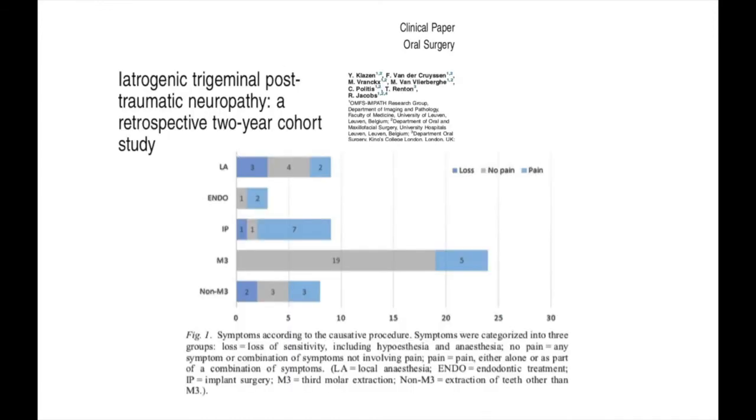This is an interesting retrospective cohort study on traumatic neuropathy of the trigeminal nerve, looking at several procedures. Their data reported loss of sensitivity only with non-third molar impactions, implant placement, and local anesthesia, which so happens to produce the highest incidence for loss of sensation.